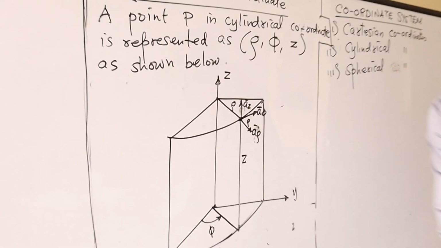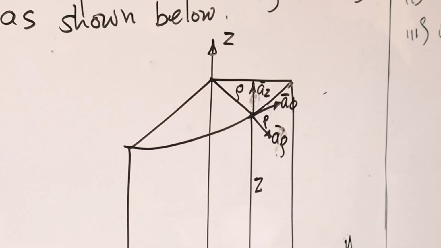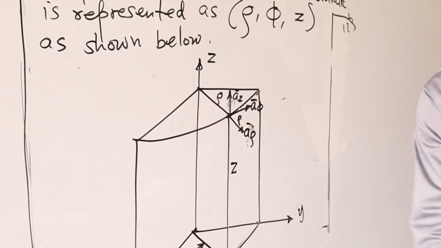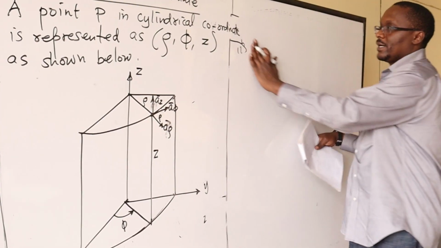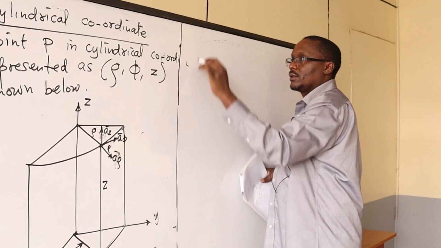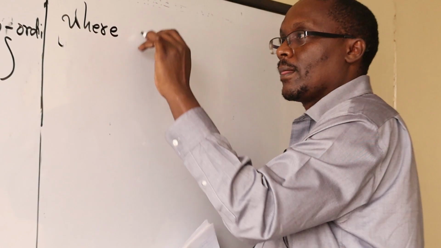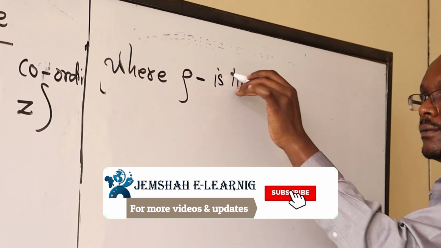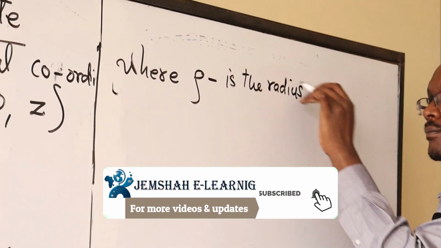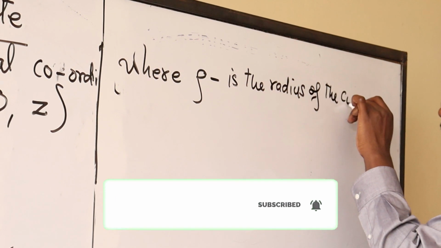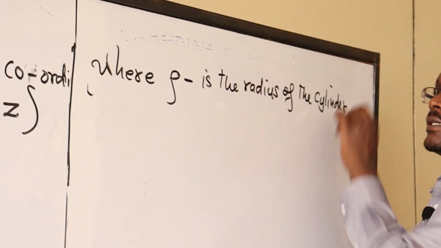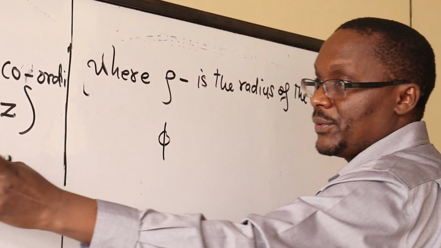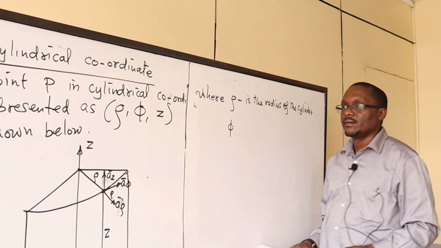Now we can define what these values rho, phi, and z are. Rho is the radius of the cylinder. The next term is phi. The order should always be the same: we start with rho, phi, then z.